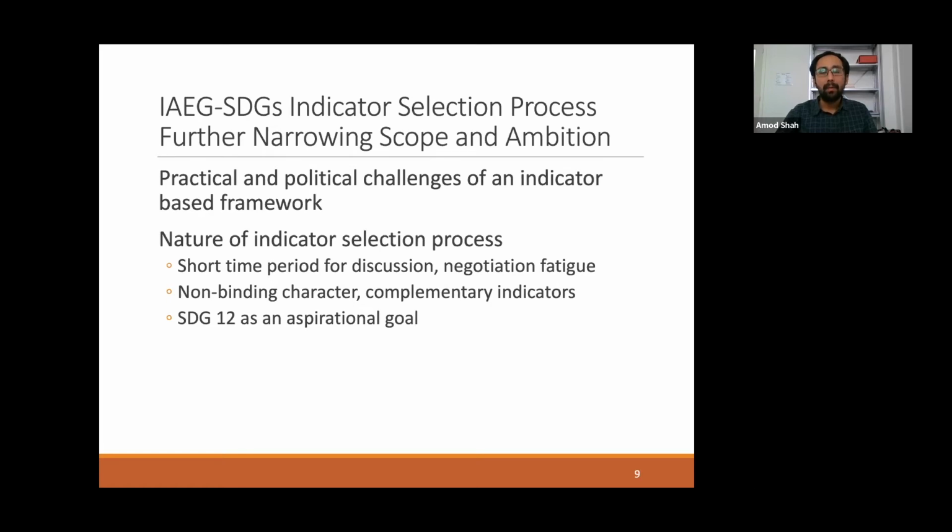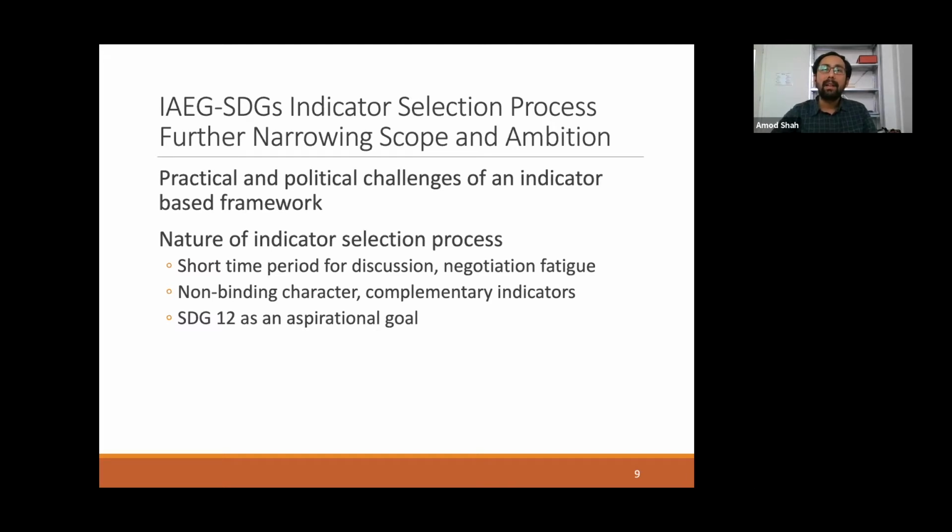But then there was a lot of pushback, especially from countries in the global south, for this notion of domestic material consumption, which makes this distinction between how much I am consuming domestically as a country versus how much of this impact is coming through exports and exporting resources to other countries. So there was a kind of negotiation and development also happening within this indicator selection process.